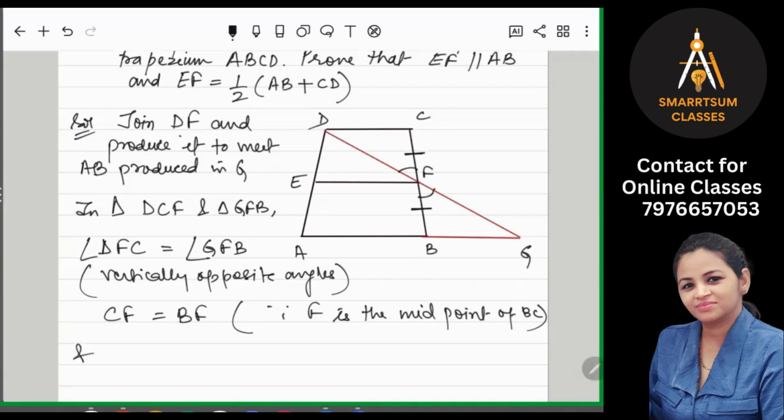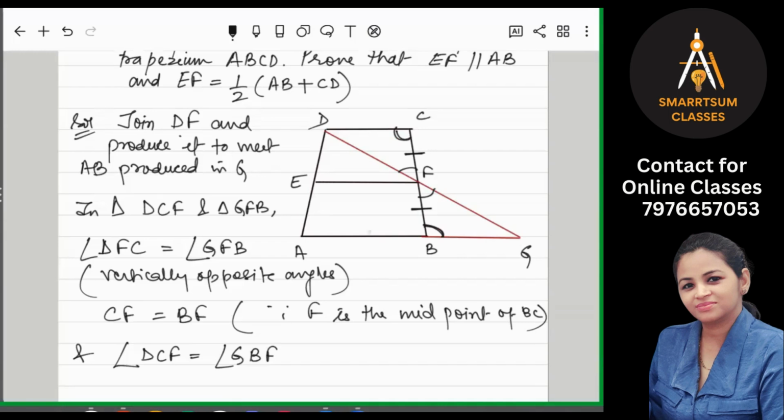And along with this, angle DCF is equal to angle GBF. Look at the figure: angle DCF is this, and angle GBF is this one. Why are they equal? Because they are alternate interior angles.